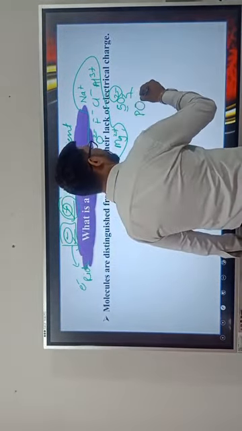Then we have another polyatomic ion, NO3 minus, that is nitrate, phosphate and sulfate, right? As these ions contain more than one atom, they are called polyatomic ions.